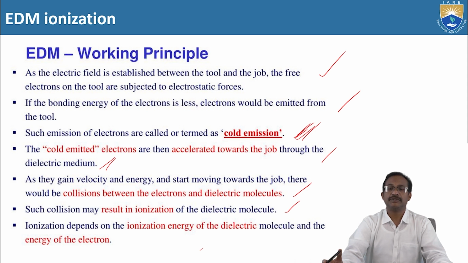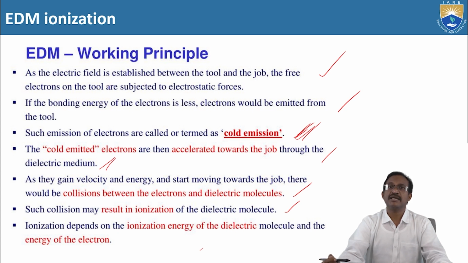Here the phenomenon of electro discharge machining is similar to laser beam machining. Similar to laser beam machining, the pool of electrons strike the workpiece so that the material removal will take place.